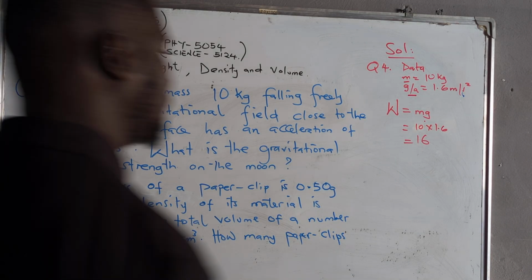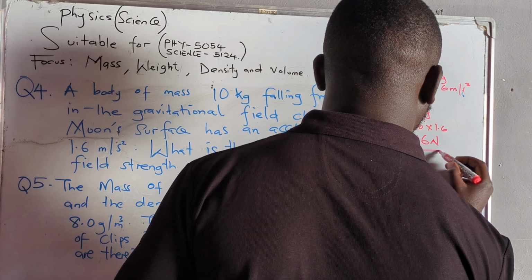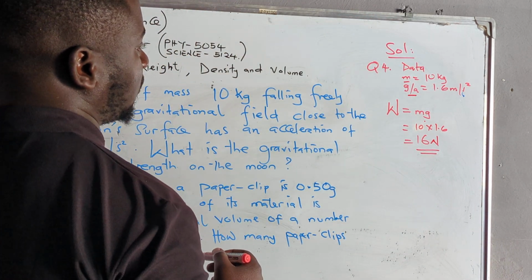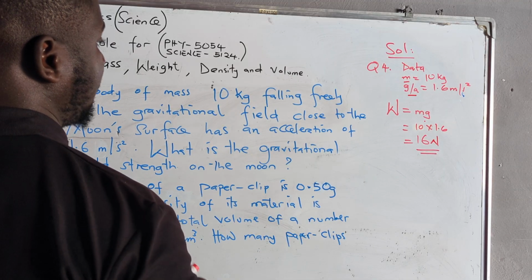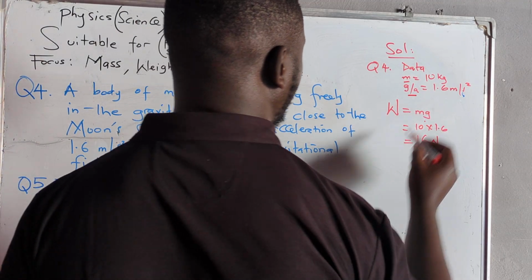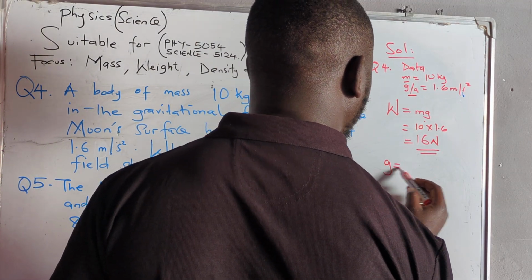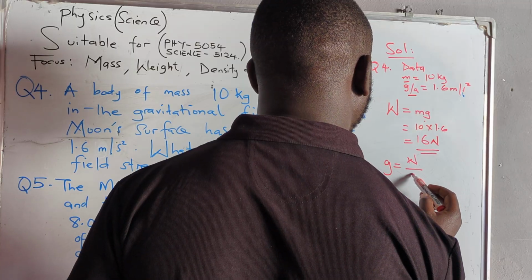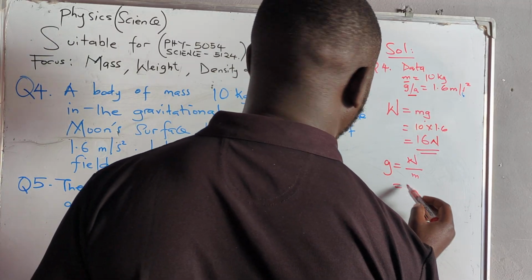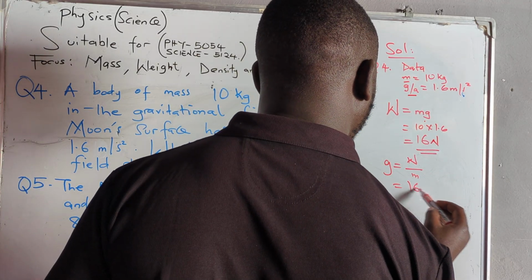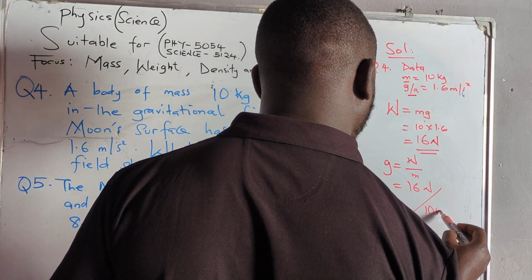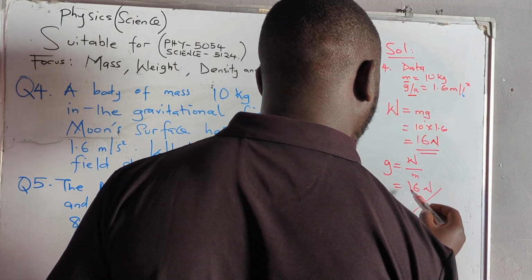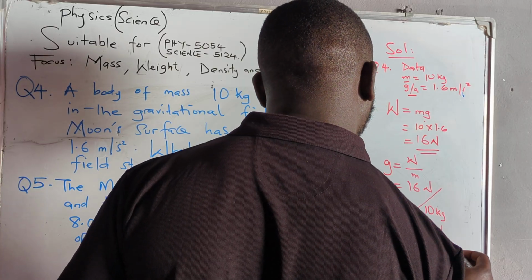Okay, so that's going to be 16 newtons as the weight. Right. Now, this is the mass that we have. So the gravitational field strength now is going to be weight over mass, which is this weight over the mass of 10 kg. And when you divide, you get 1.6 newtons per kg.